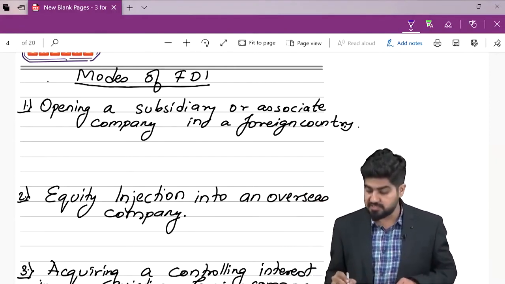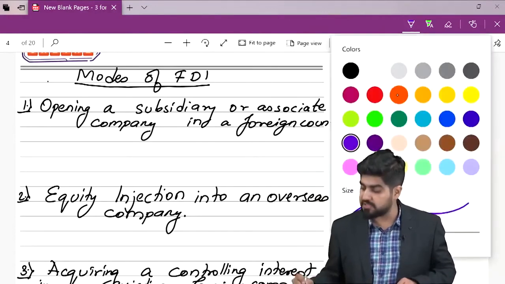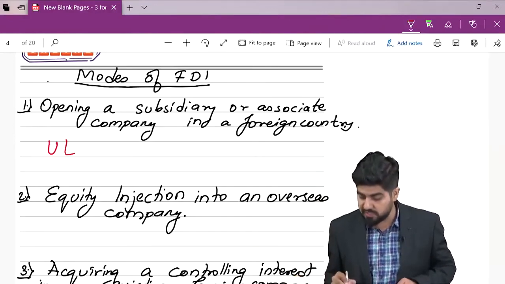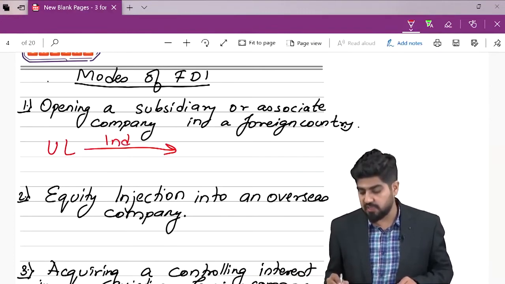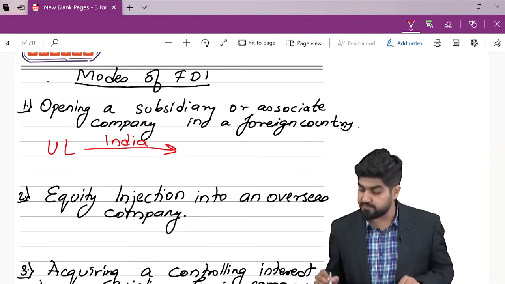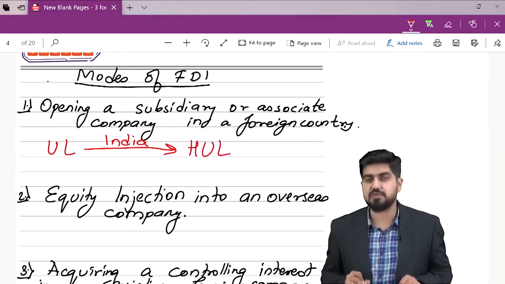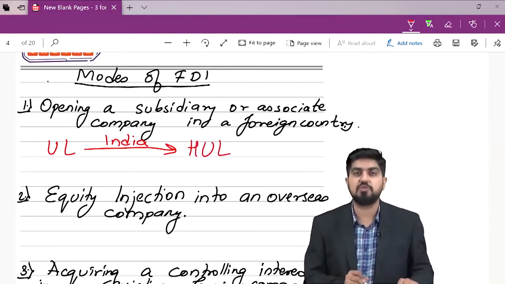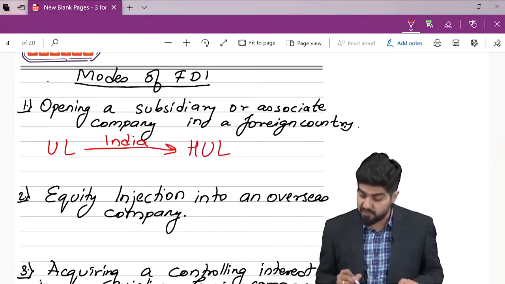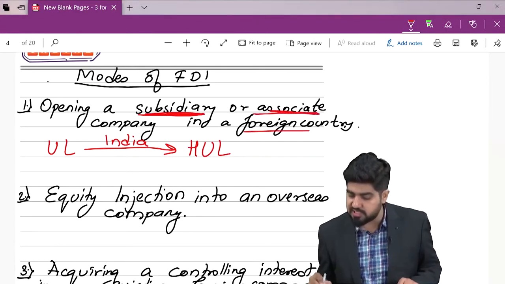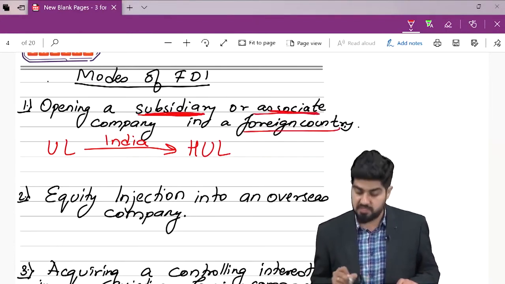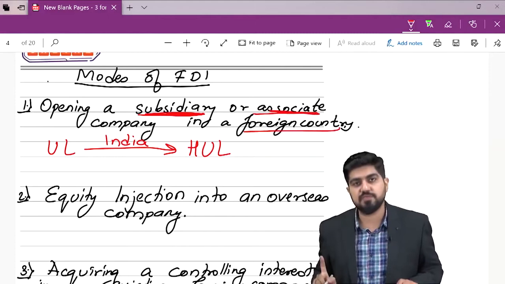For example, let's suppose we have a company, Unilever Limited. They come to India and open a company called HUL, Hindustan Unilever Limited. So they are opening a subsidiary or an associate in a foreign country. This is our first mode.